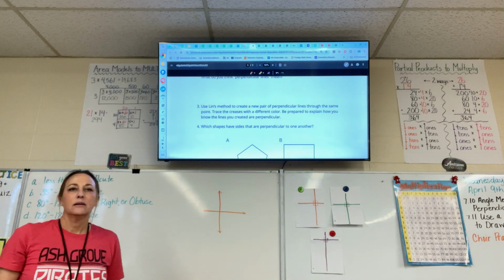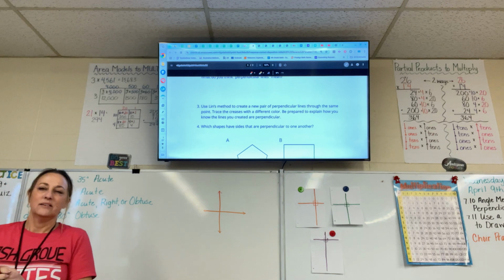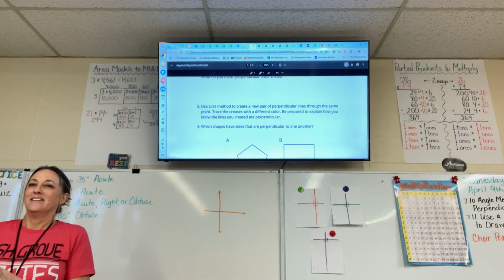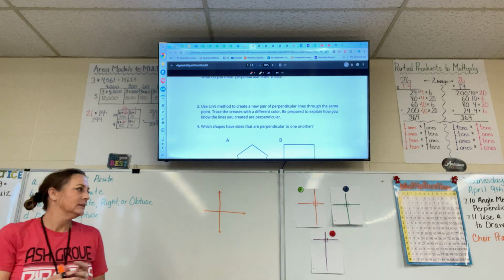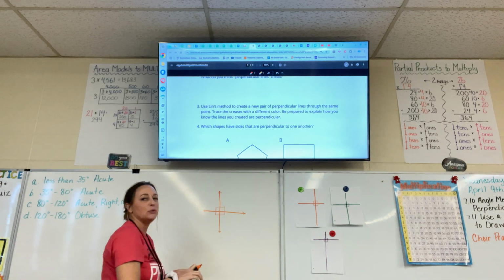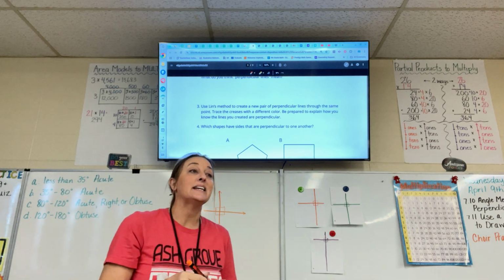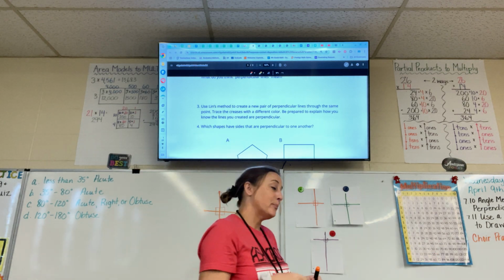Perpendicular. When 2 lines are intersecting in a way that forms right angles, they're called perpendicular.